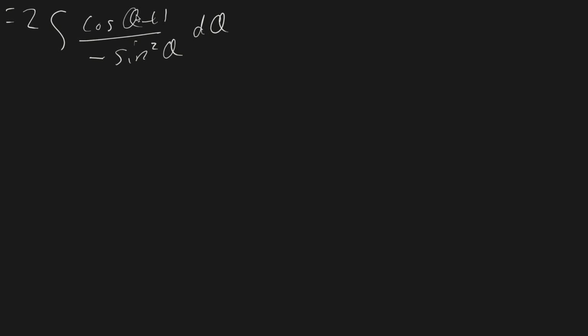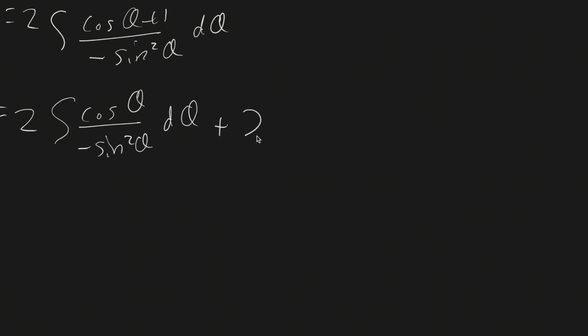We can break this into two different functions. So let's do that. This will become 2 times the integral of cosine theta over negative sine squared theta d theta plus 2 times the integral of 1 over negative sine squared theta d theta.